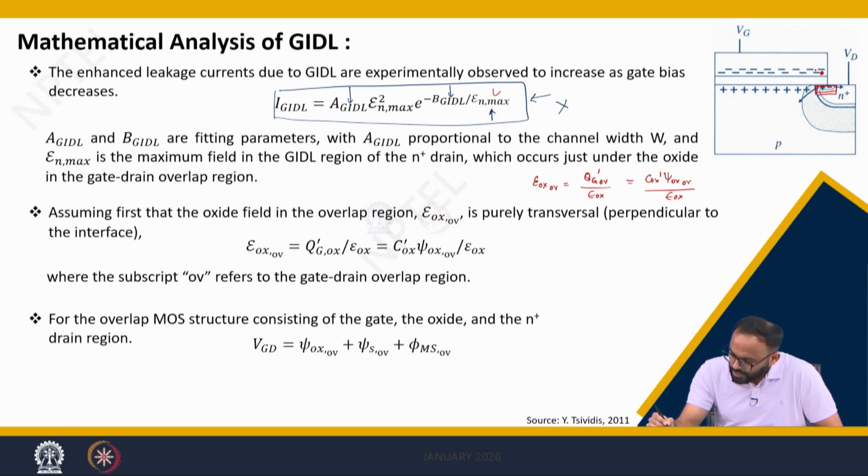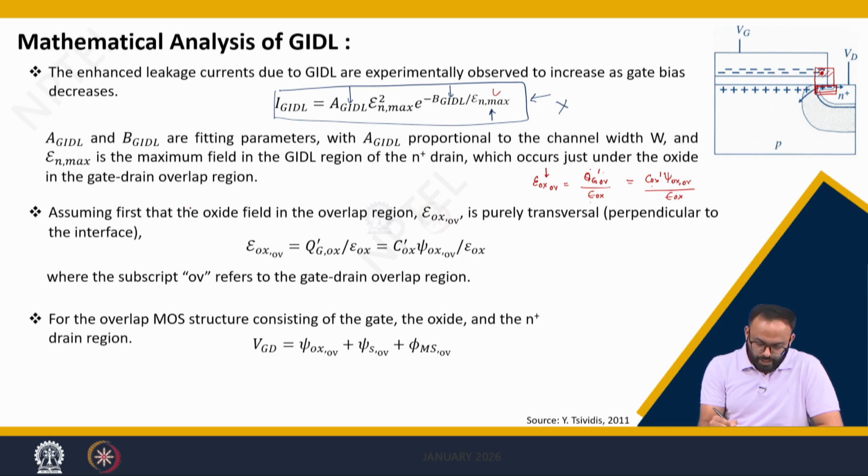We are writing the simple equation which is Gauss's law in the overlap region. Electric field is nothing but charge per epsilon, and charge can be written as C into voltage. Here OV stands for overlap.